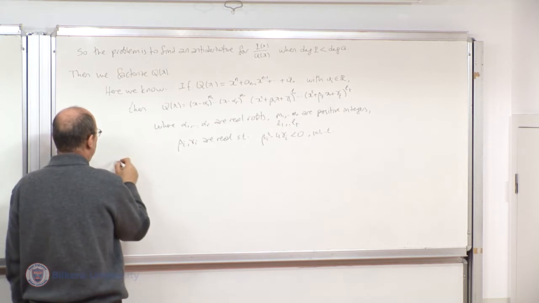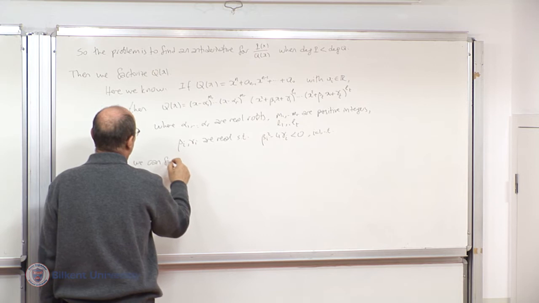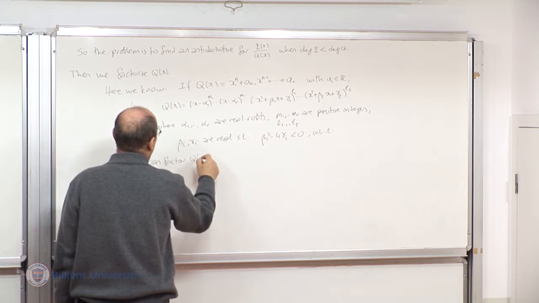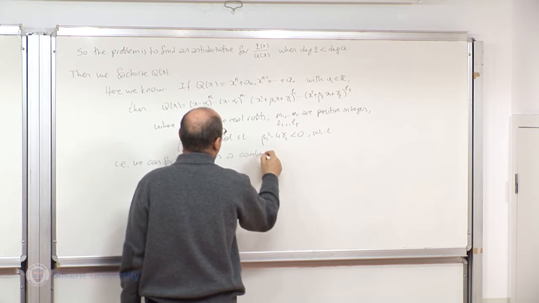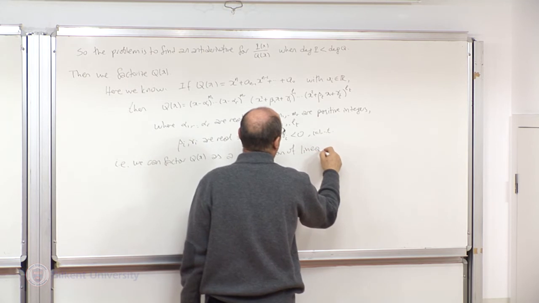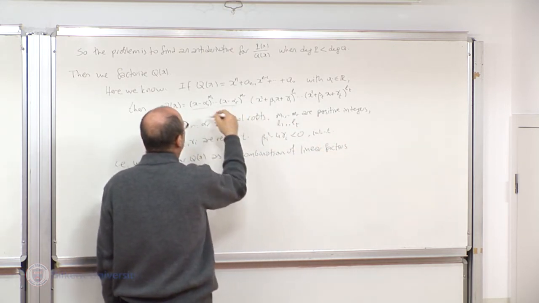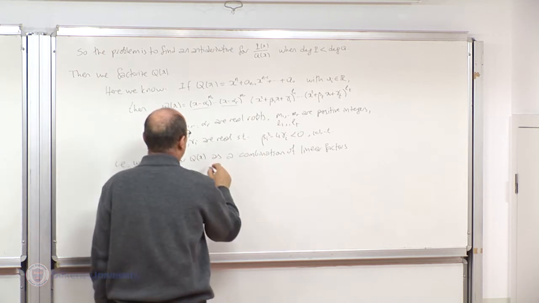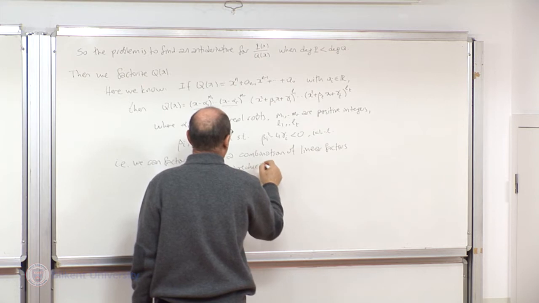So this means we can factor q of x as a combination of linear factors, which are these things to some power, and irreducible quadratics.